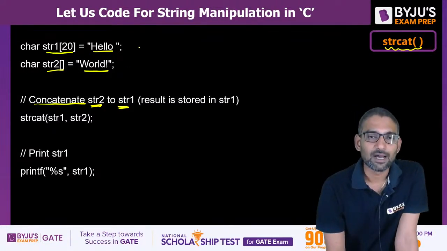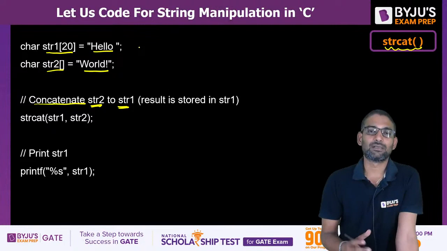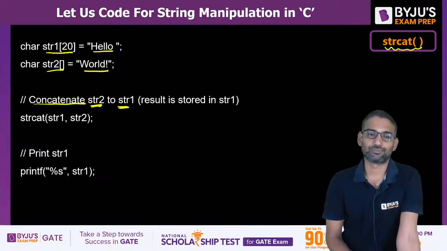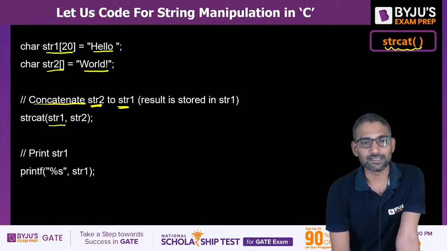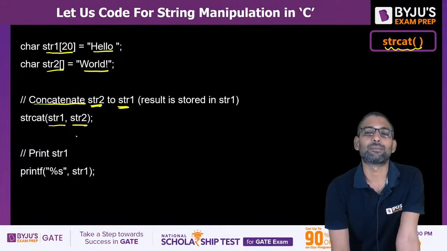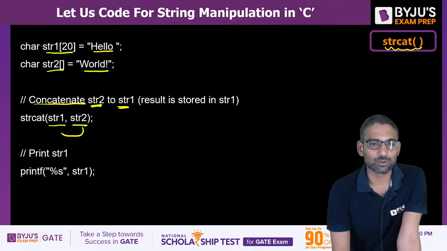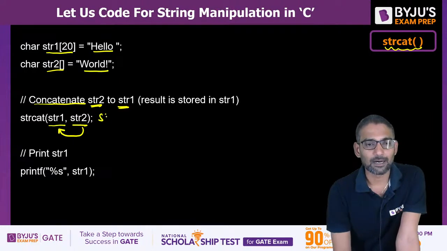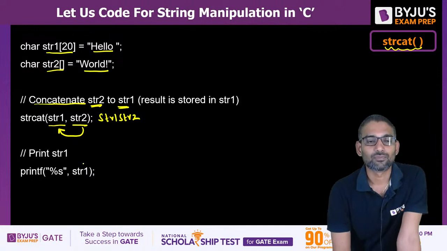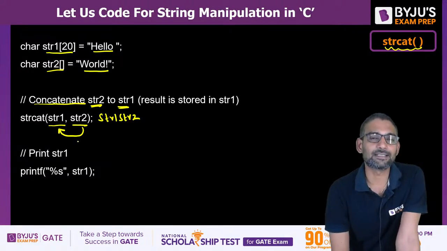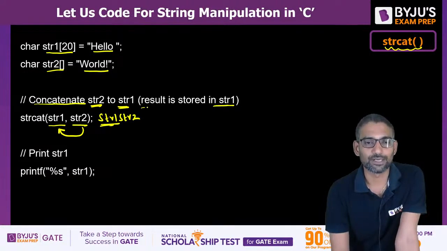That means after str1 I want str2. So I write strcat of str1 comma str2. So str2 is concatenated after str1. And where the result is stored? In str1. The result is stored in str1, means the first string.